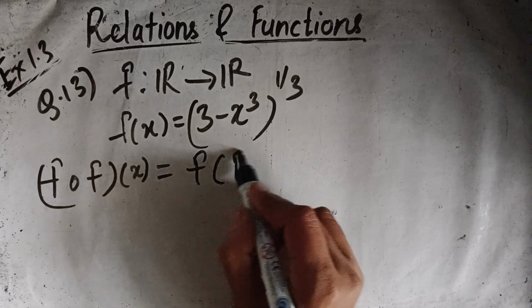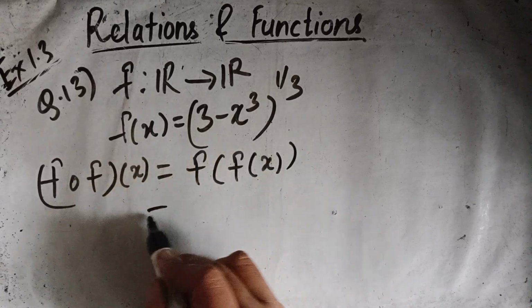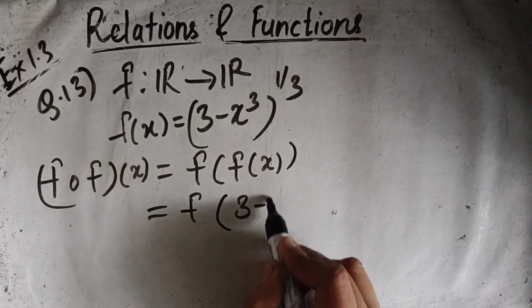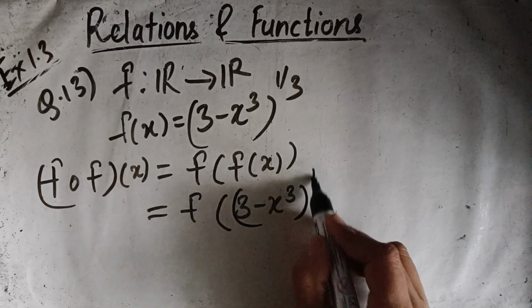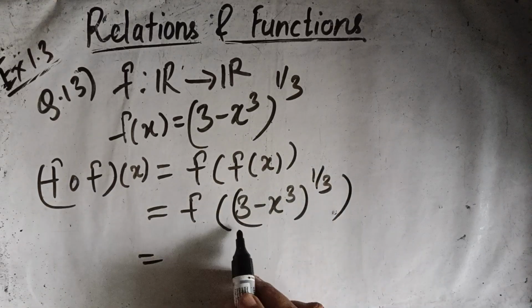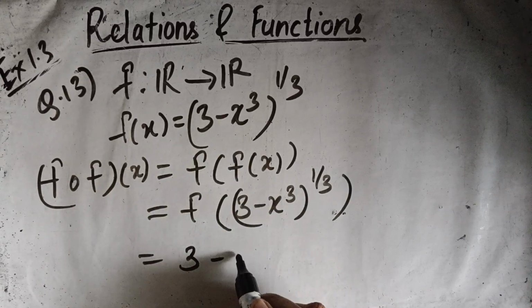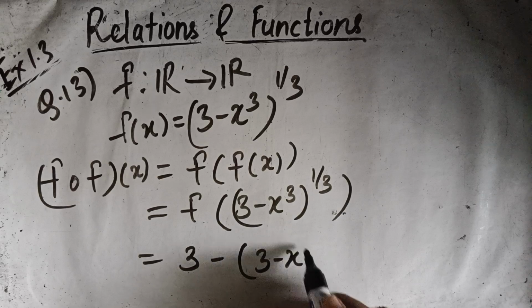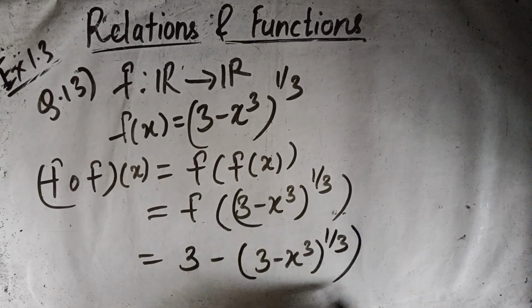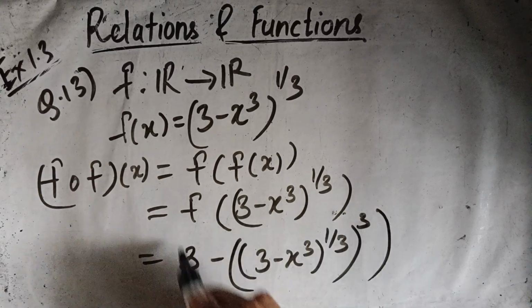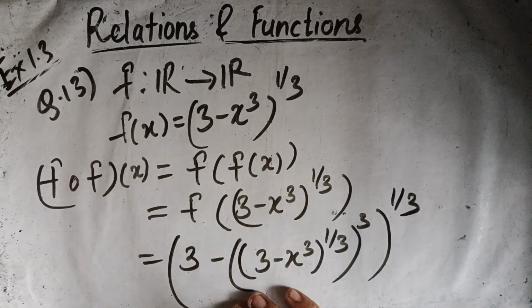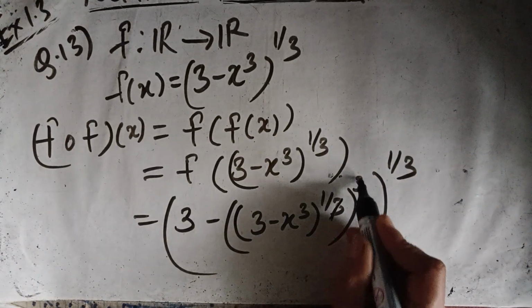Okay. So this is f of x. I have to write here (3 minus x cubed) raised to 1 by 3, and this whole thing you have to put here. 3 minus, in place of x, you'll get this, cubed, and raised to 1 by 3. Now this gets cancelled.